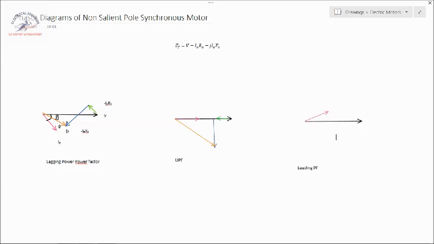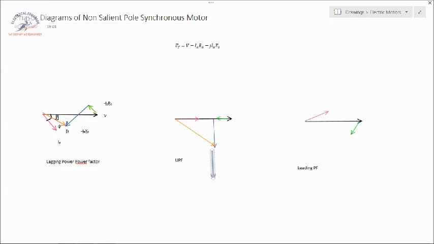Okay, if Ia is leading, then IaRa should be in phase with Ia, but minus IaRa will be opposing. So this will be minus IaRa. From there we get minus IaXs.